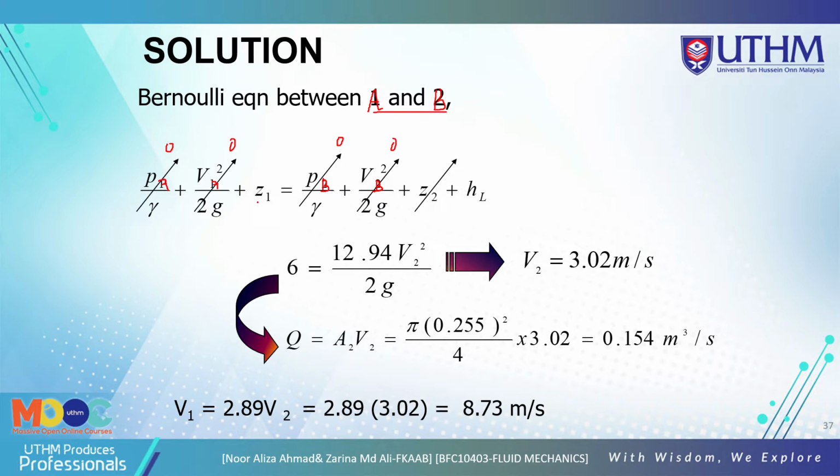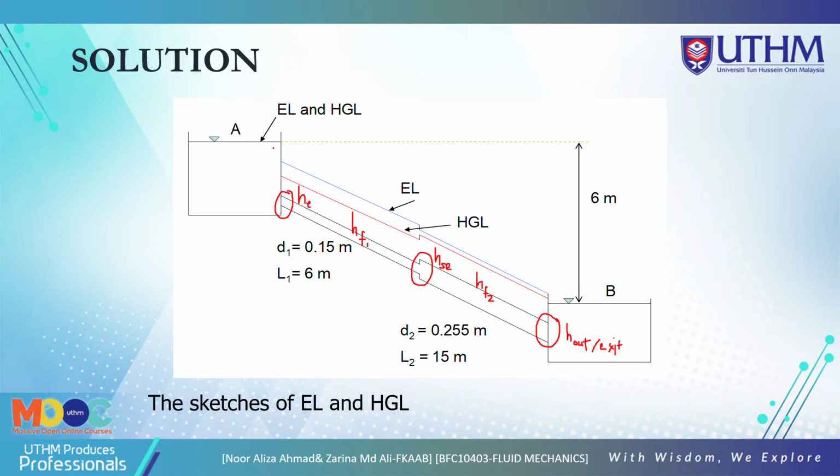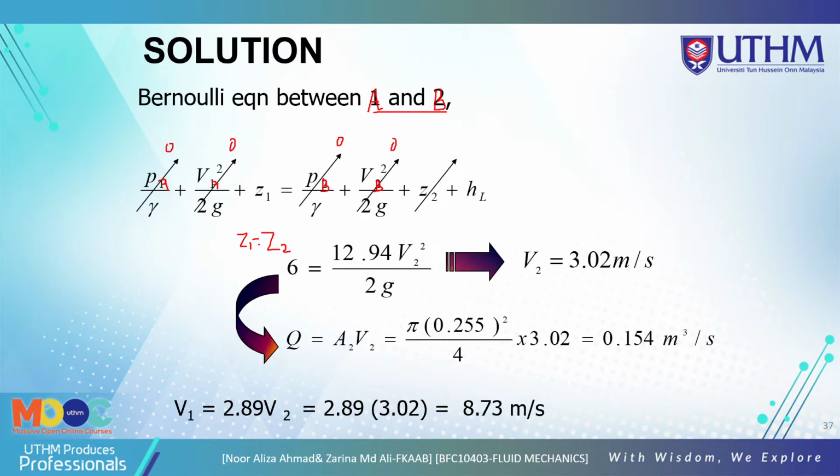So Z1 minus Z2, that is ZA to ZB. This is ZA, and this is ZB.